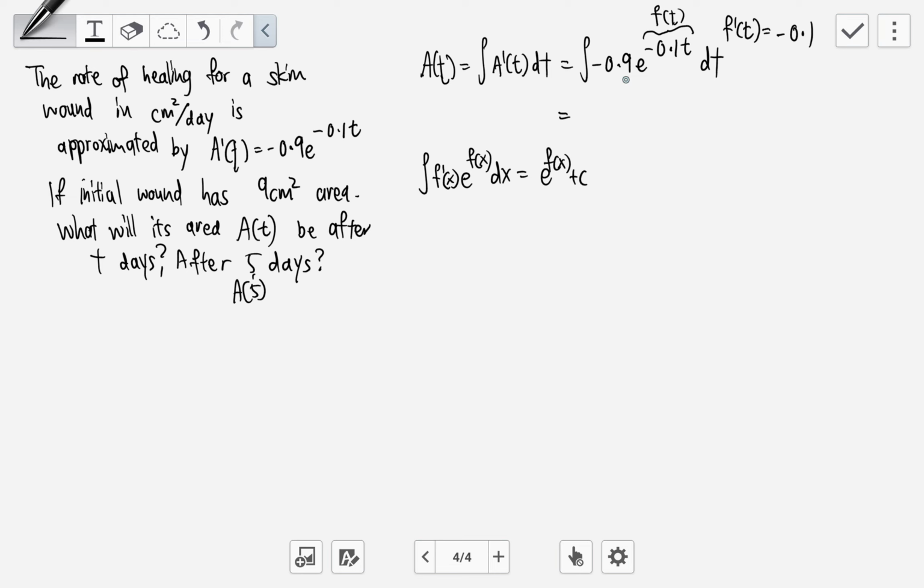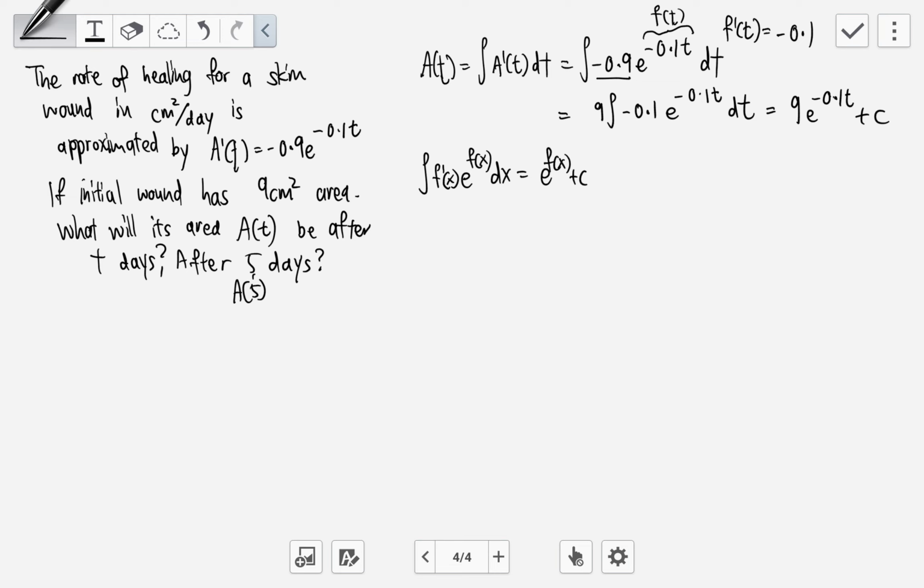I can't change it just like that, so I need to multiply a 9 on the outside, so I get 9 times e to the power of minus 0.1 t times minus 0.1 dt. Now it's in this form: this is the f prime t and this is the f(t), so I can change this to 9 e to the power of minus 0.1 t plus c.